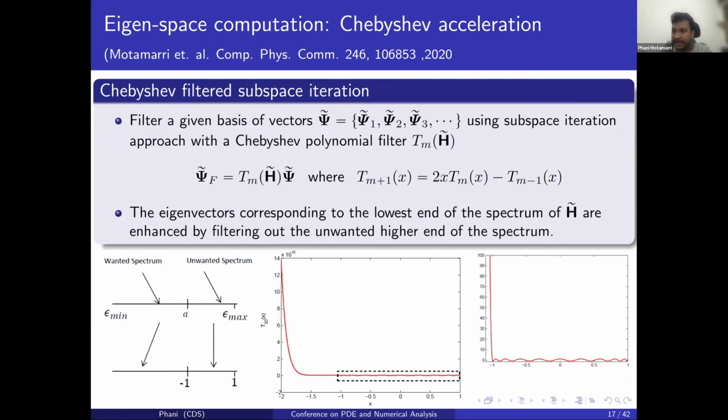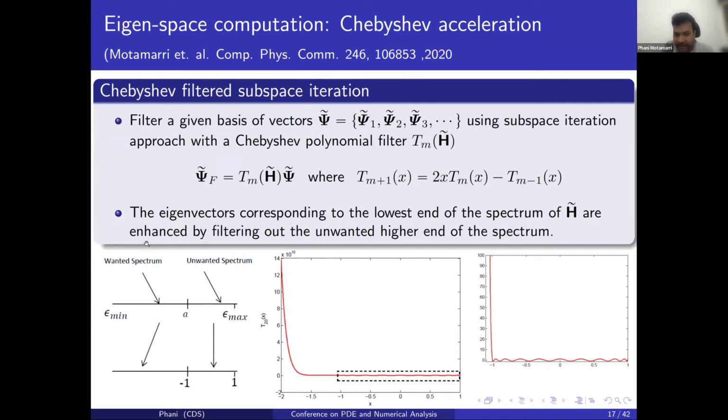The rate of convergence depends on how well the eigenvalues are separated. If you have eigenvalues which are not well separated, you have very, very slow convergence for these methods. So here, instead of hitting the starting vectors with the matrix, you hit them with a Chebyshev polynomial of the matrix, because Chebyshev polynomials have a very nice fast growing property to the left of -1 in comparison to their growth between -1 and 1.